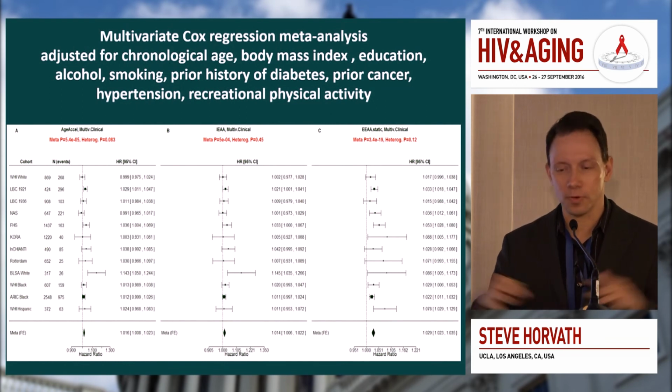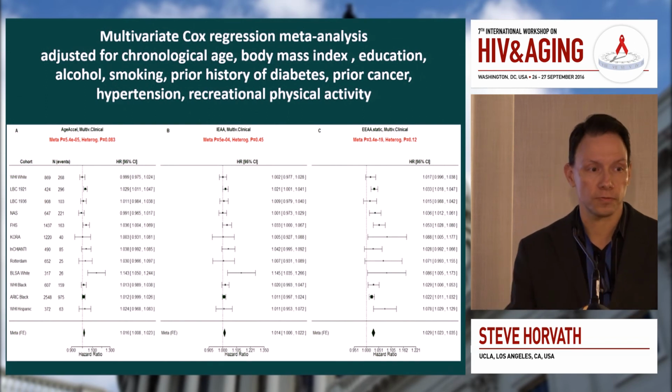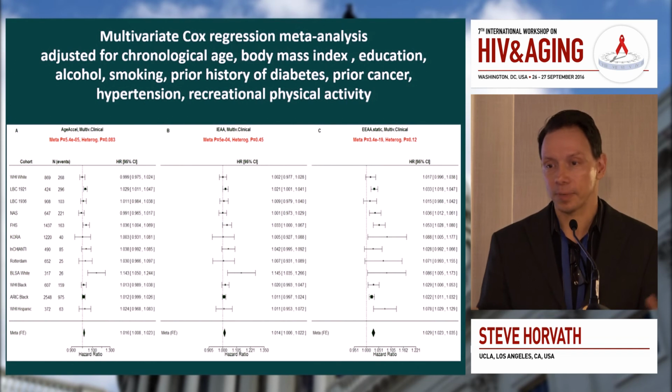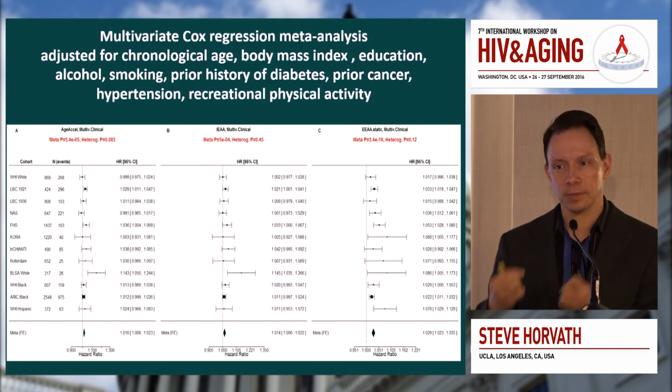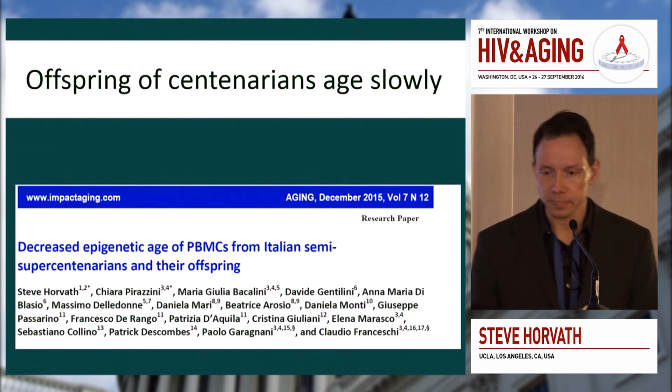You adjust for all of it, and it still is a significant predictor of mortality. And that shows, in my opinion, that it relates to an innate molecular aging process.